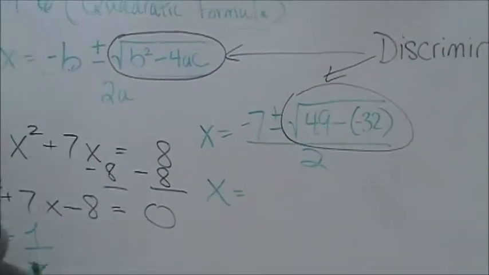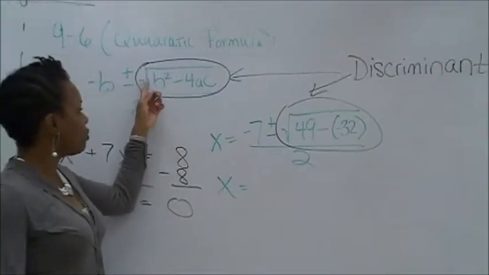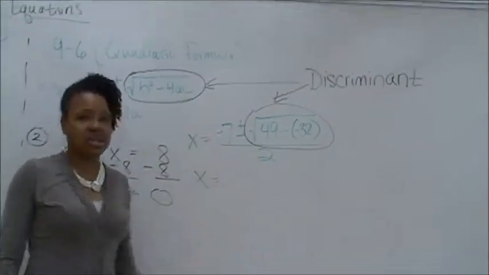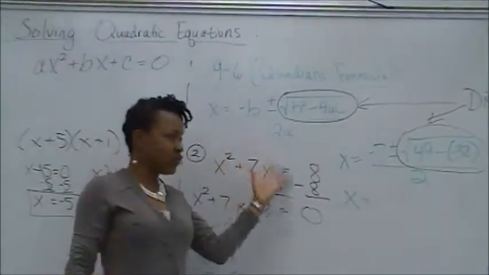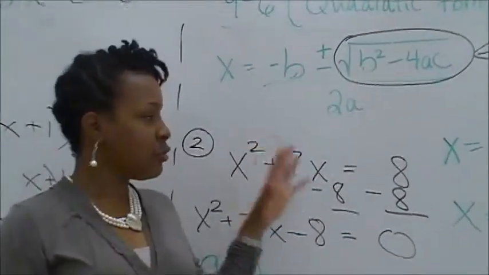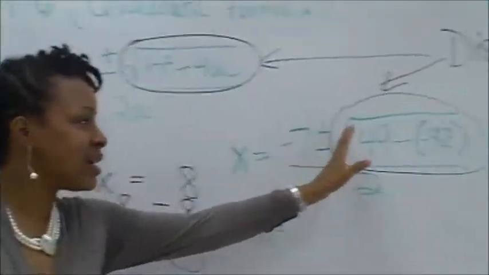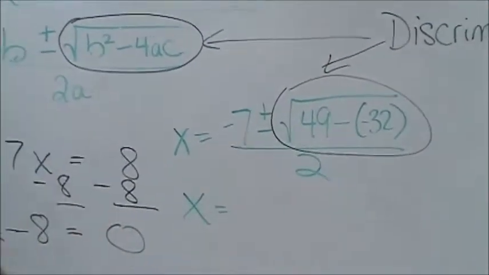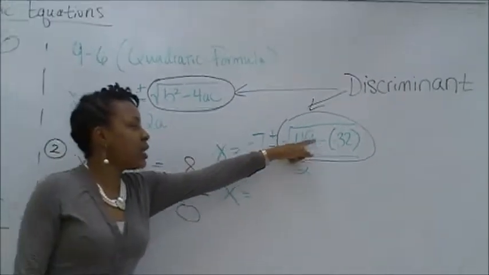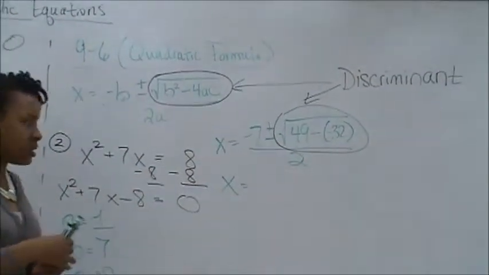Discriminant is the square root of b squared minus 4ac. That's the discriminant. That is the focal point of this formula. That's what we have to really work on. We got to break this down, because there is too much going on right here. So do 49 minus negative 32 in your calculator and tell me what you get.